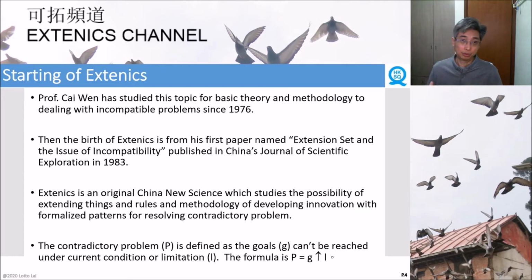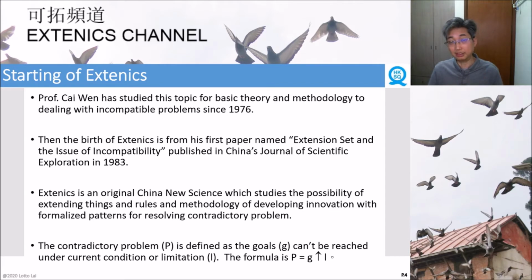So, when it started, Professor Cai Wen is a mathematician who studied this topic for the basic theory and methodology of incompatible problems since 1976. After 8 years of study, he published the first paper in the Chinese Journal of Scientific Exploration in 1983.